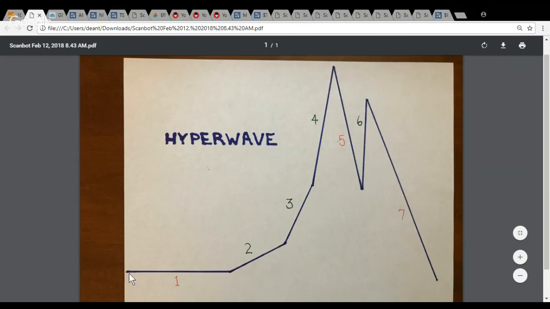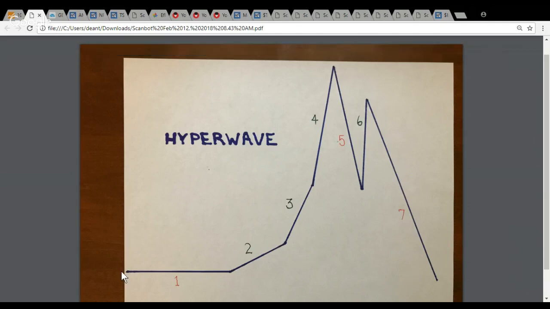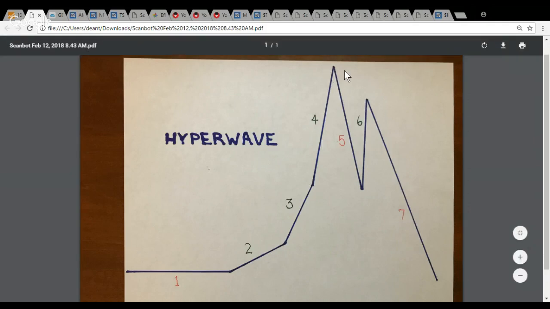You cannot have a hyperwave in a 2 or 3-year period, ever. Hyperwaves last for years. So if I had to put an average on it, I would say 4 to 5 years in phase 1, 1 to 2 years in phase 2, 1 year in phase 3, and probably 6 months to a year in phase 4.